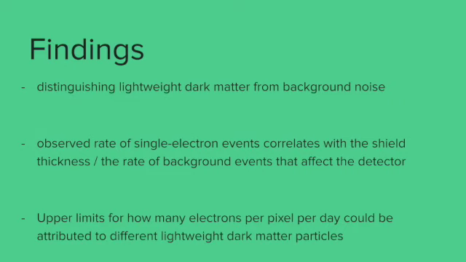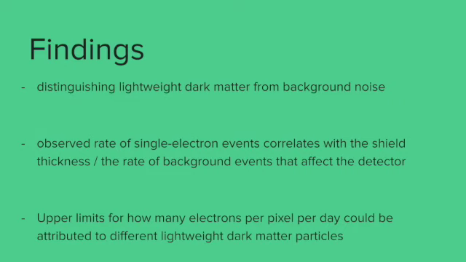Also, through this experiment, we have found that the observed rate of single electron events correlates with the shield thickness, as we have seen in the extra lead shielding, and also, therefore, the rate of background events that affect the detector.